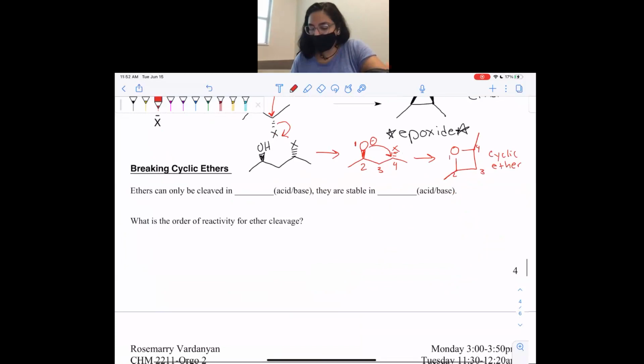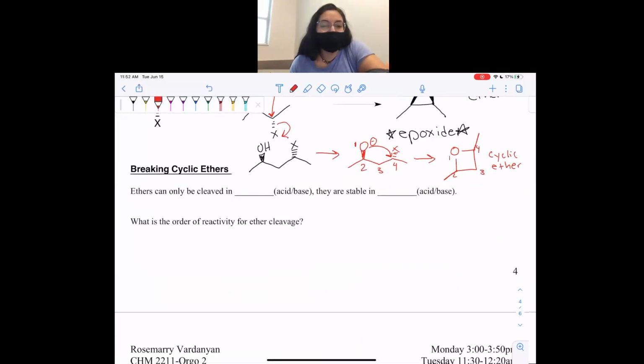So, when we break ethers, we can only do that in one of these two. So, they're going to be stable in something, and they're going to be cleaved in something. Does anyone know which is which? I know that was kind of a wonky way to say that, but I'll ask you differently.